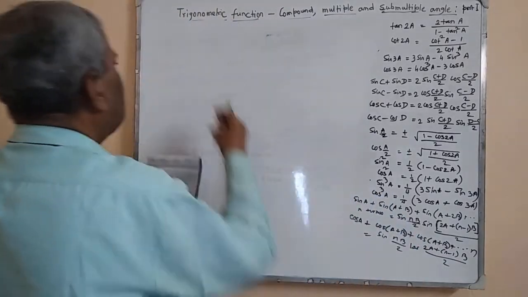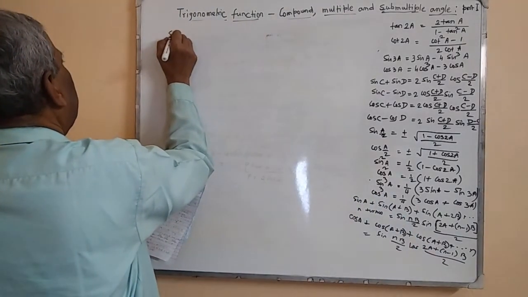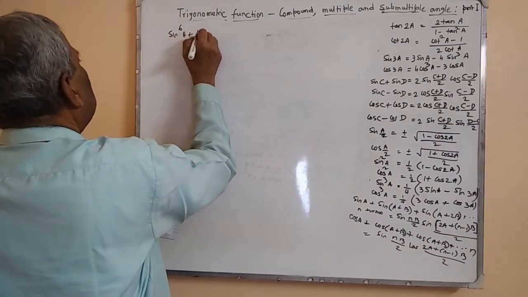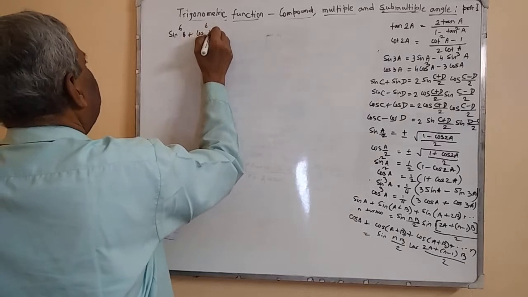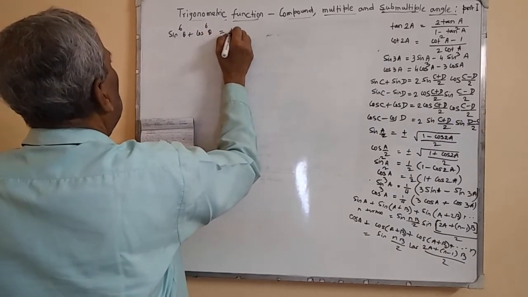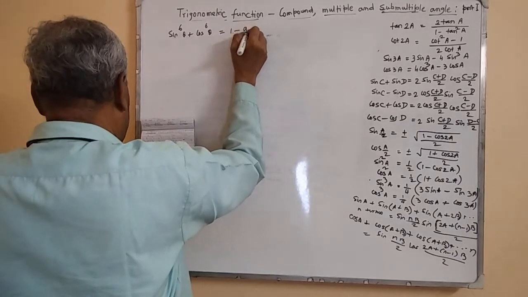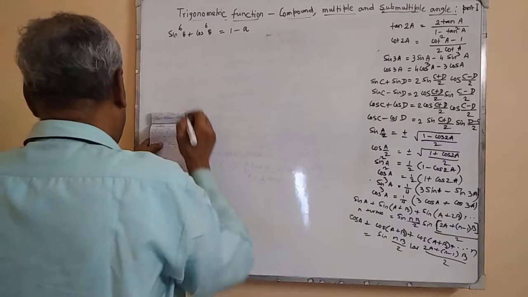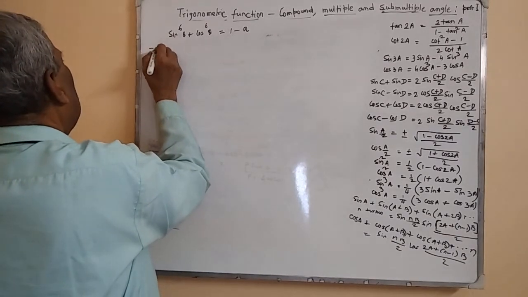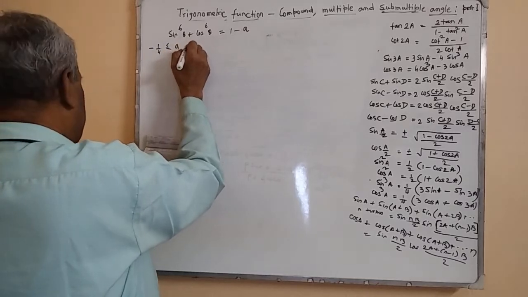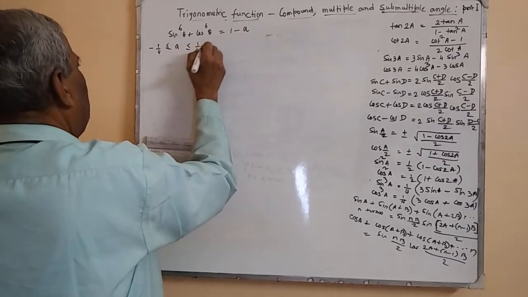If sine to the power 6 plus cos to the power 6 theta is equal to 1 minus a, then which one is true? Number 1, minus 1 by 4 less than or equal to a less than or equal to 1 by 4.